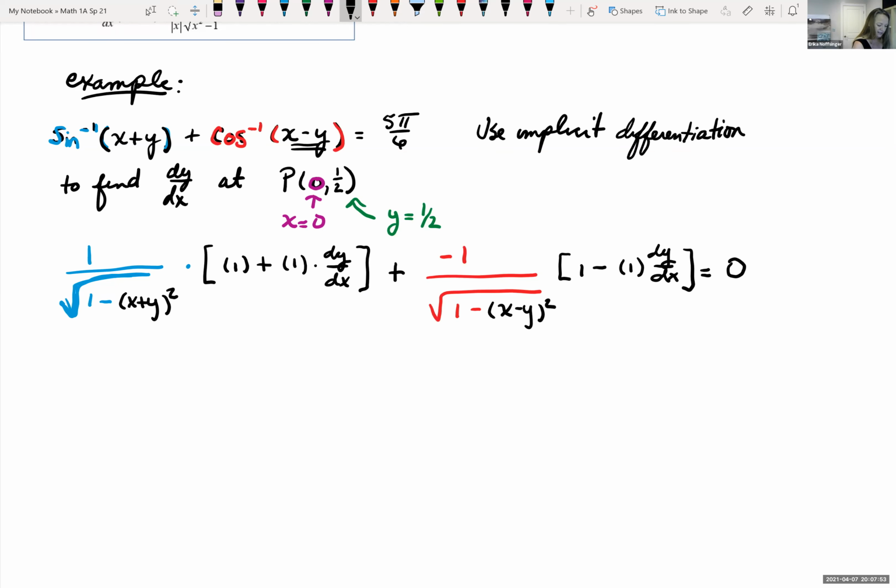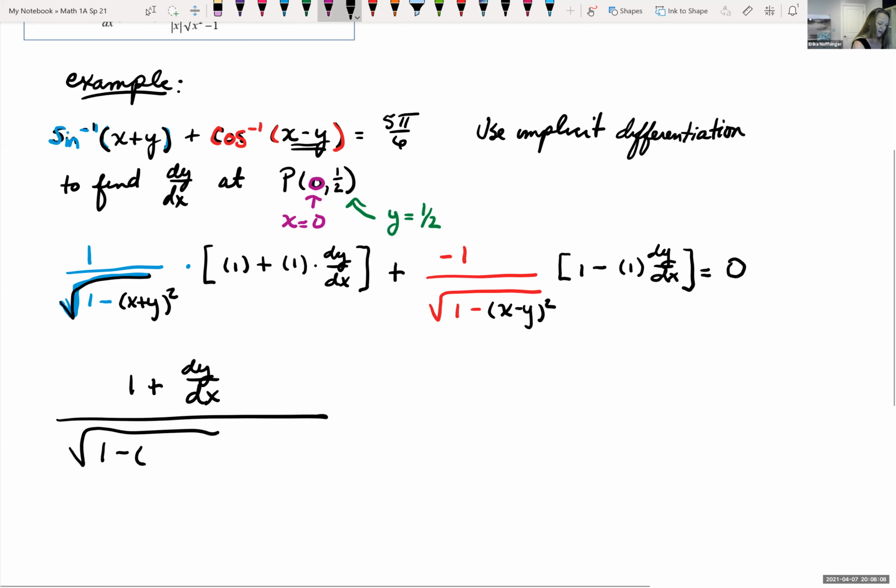So this would be 1 plus dy dx all over, I'm going to put the square root of 1 minus. Now we're going to plug in what our x value is, which is 0, plus our y value, which we said was 1/2.